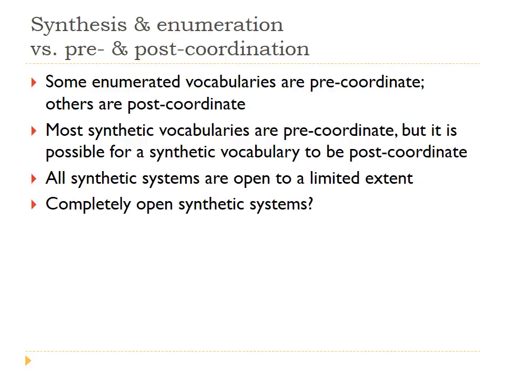And then there's this question of whether or not we could have a completely open synthetic system where a cataloger or indexer could add anything at any time. How would that affect the tables? If you as the cataloger or indexer have the flexibility to add a new table, how does that affect the rules for that vocabulary?